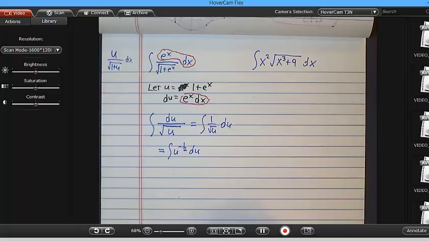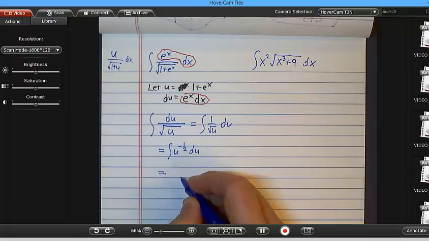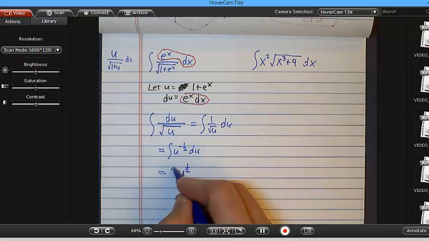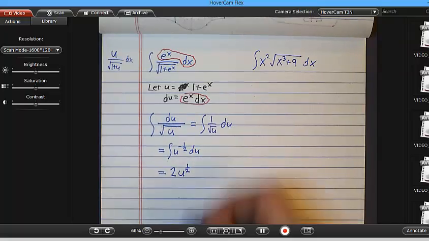Now I can integrate it, right? So let me work this out carefully. I'm going to get u to the positive 1/2, right? And then what number would I have to put out front? Got to put a 2 out front, plus c.